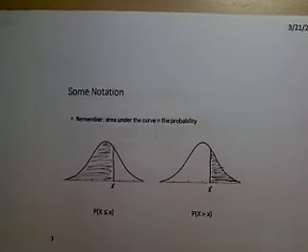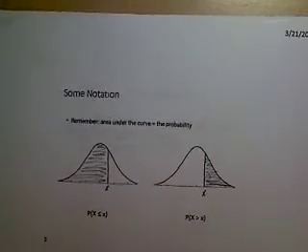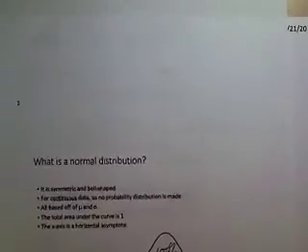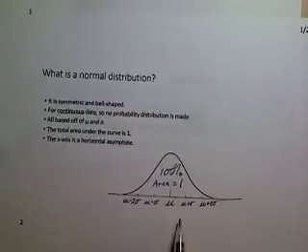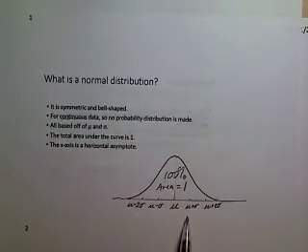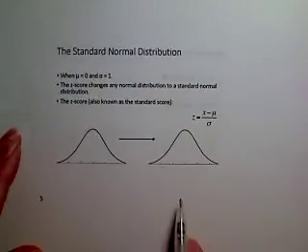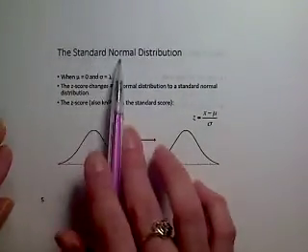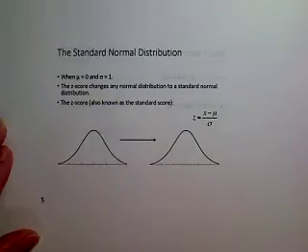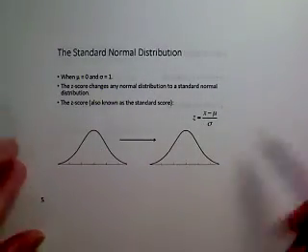Okay? Here's the problem. Since it's all based on mu and sigma, which would change with every single situation, it's not good to use. So what we're going to do instead is change it to something we call the standard normal distribution. It standardizes it.